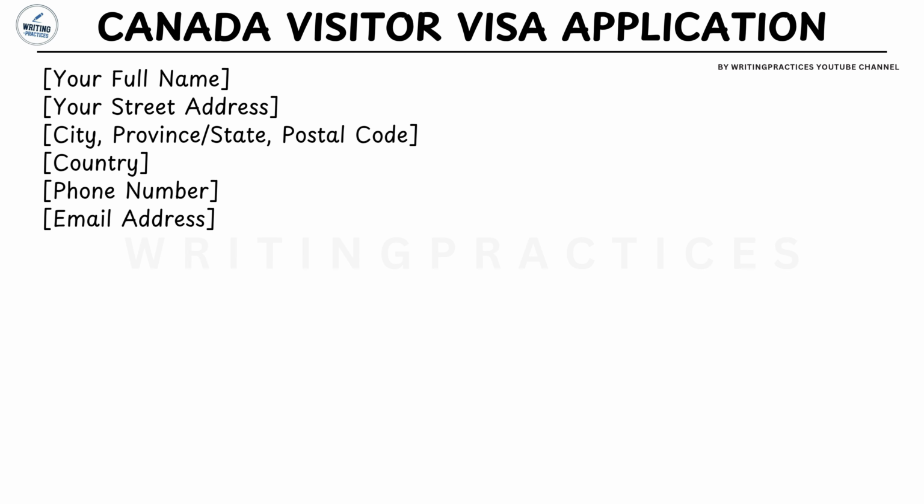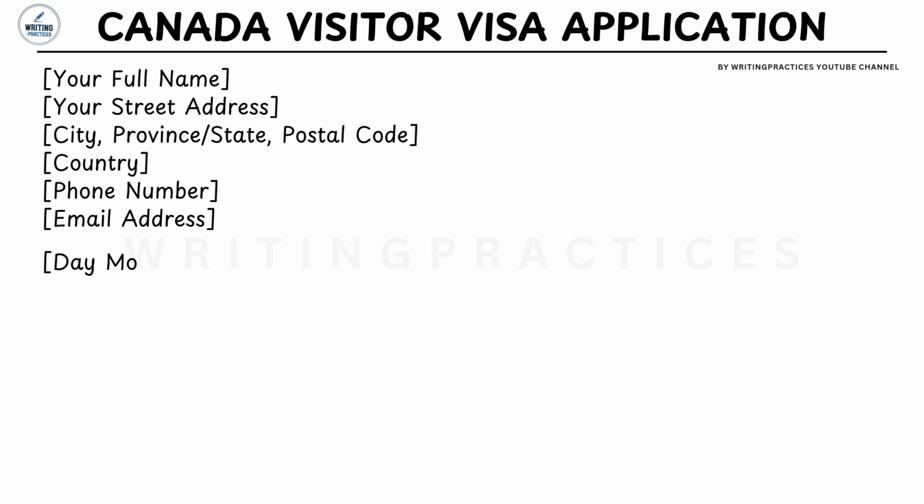For example, James Wilson, 245 Park Avenue, Manchester M14AB, United Kingdom, +447700900123, jameswilson@email.com. This identifies who is submitting the application and allows immigration officers to contact you if needed.